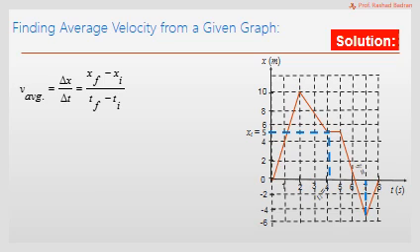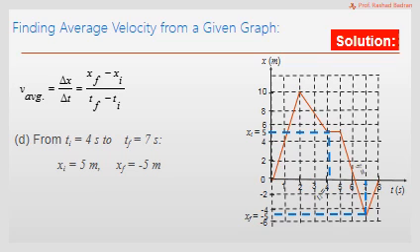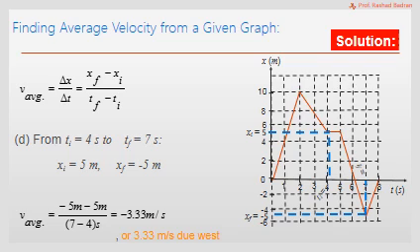The final position is minus 5 minus the initial position 5, that's minus 10, divided by 7 minus 4, that's 3. So minus 10 over 3, you're going to get minus 3.33. Again, we have a negative sign, and this is referring to the direction due west.